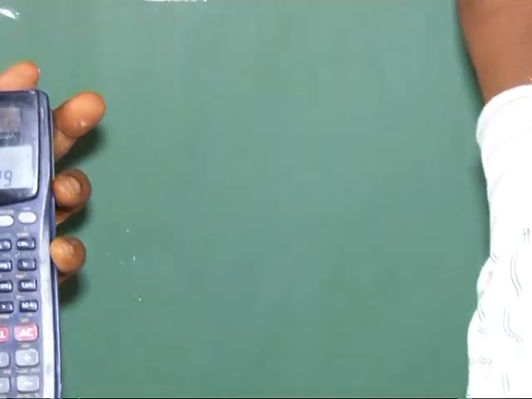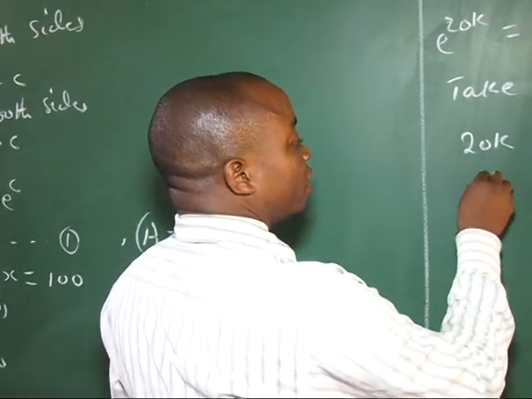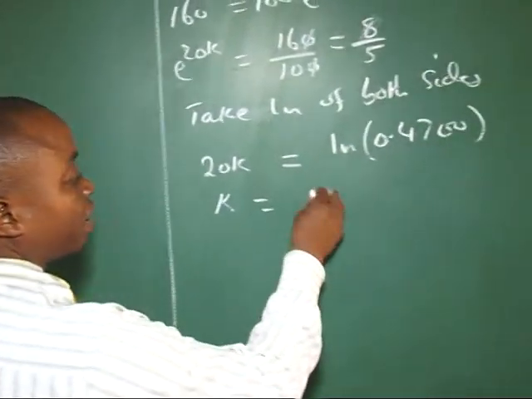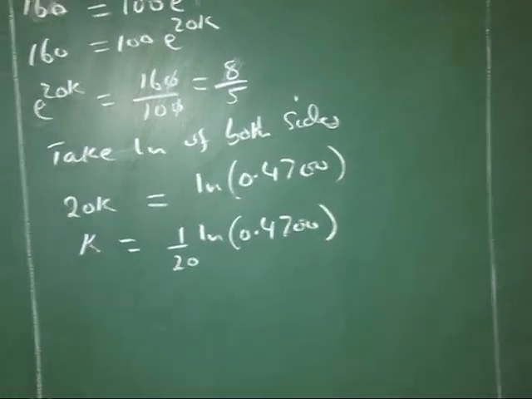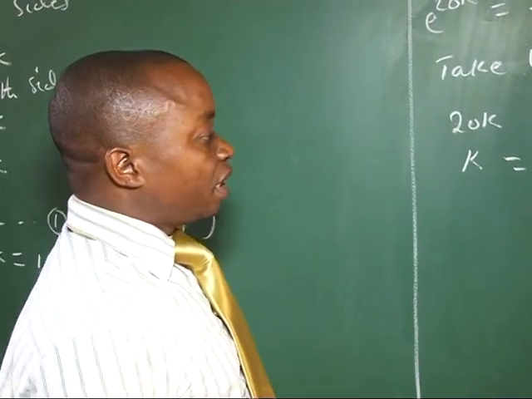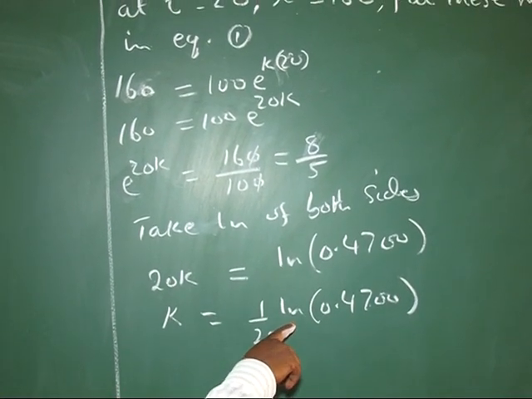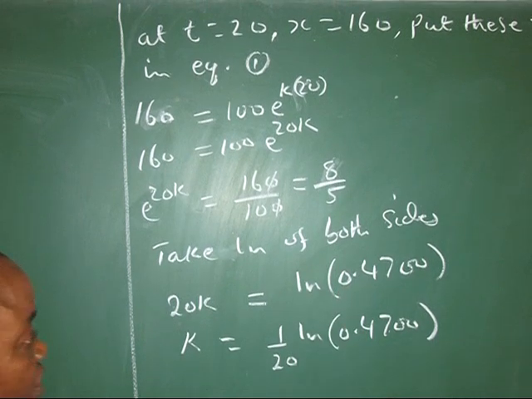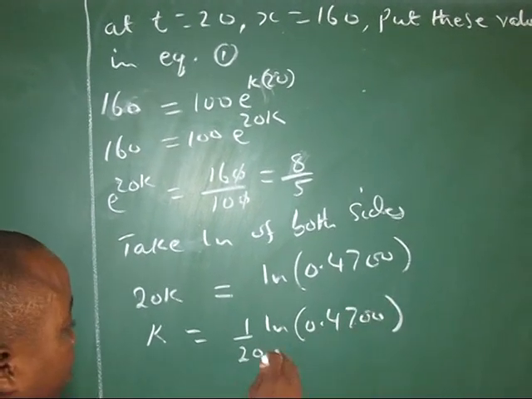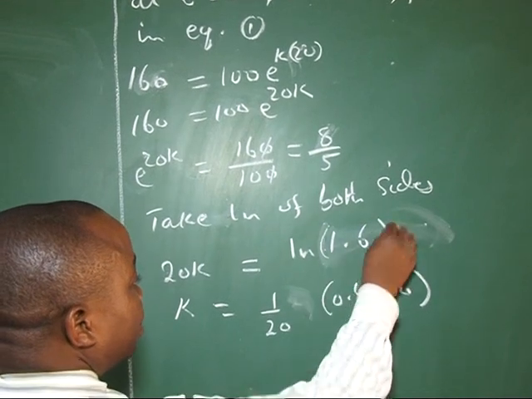Looking at that, it's giving us 0.4700. So k will be equal to, we divide by 20, so we have 1 over 20 ln 1.6, which is 0.4700 divided by 20.